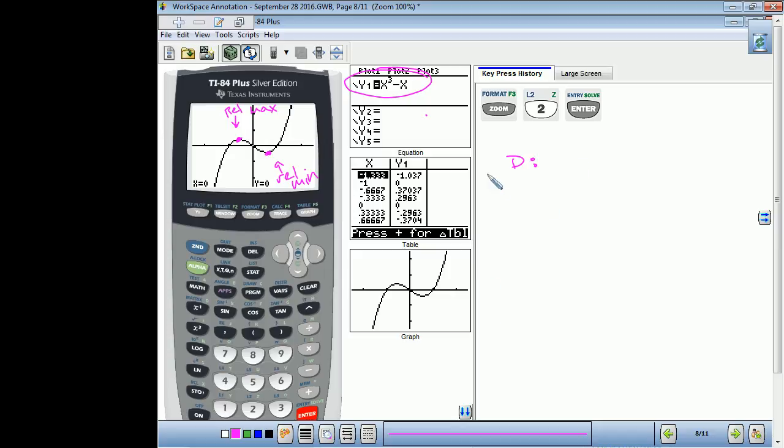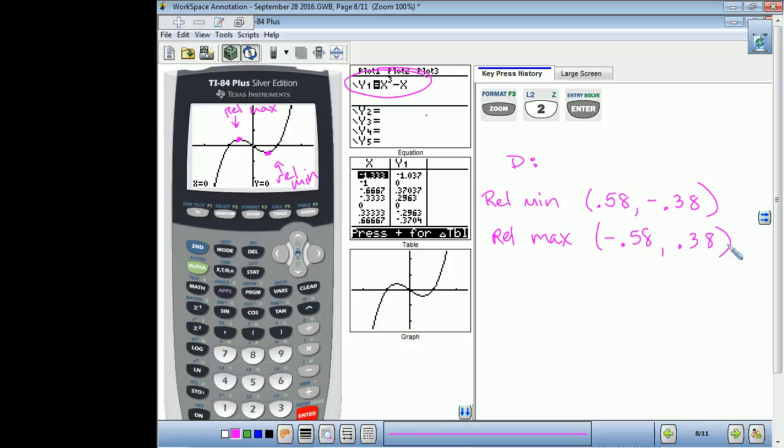So this one has a relative min, and the relative min occurs at 0.58, negative 0.38. And it also has a relative max, and it occurs at negative 0.58, positive 0.38.